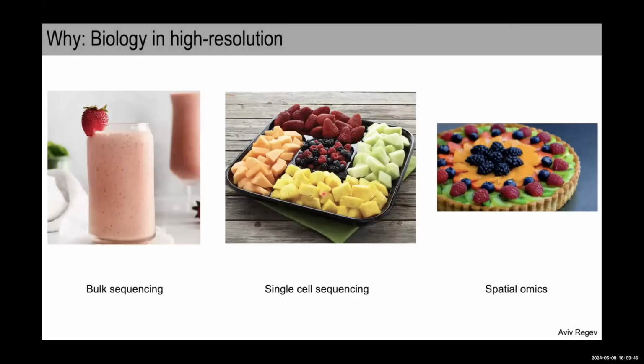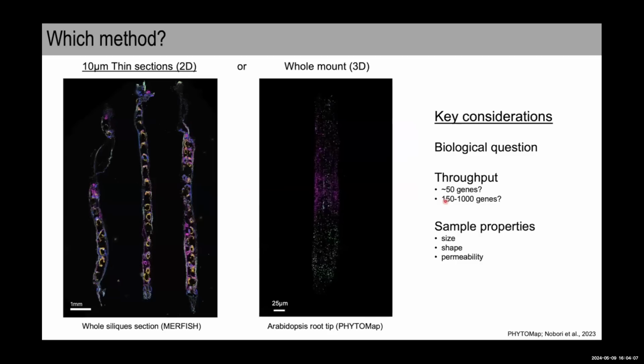But as we're moving forward with technological advances, what we're seeing is that with spatial omics, the benefit is that we can now observe where an RNA is expressed in the native arrangement of a cell within the tissue. And I think that brings a lot of power to plant biology as well.